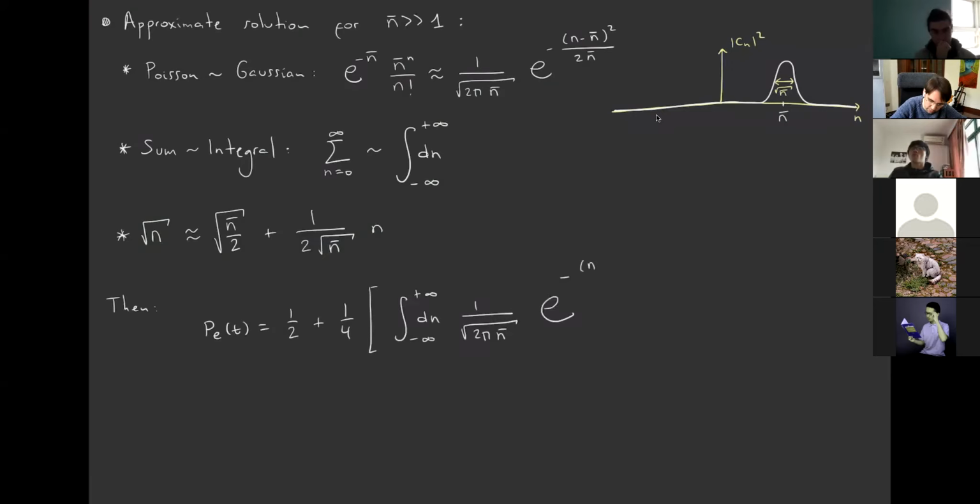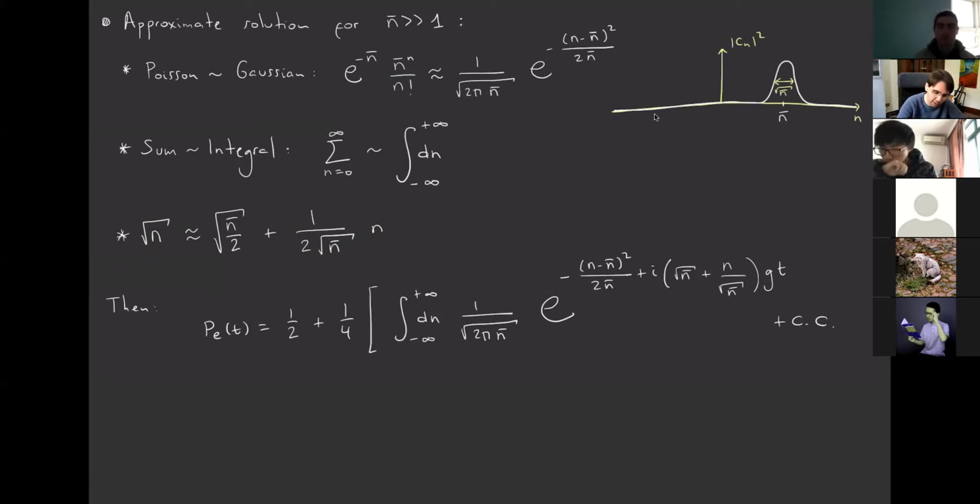We get first the Gaussian, (n minus n bar) squared divided by n bar, and then the term of the cosine, which is i times 2 square root of n g t. But as I have said, square root of n we approximated by this, and therefore we get just square root of n bar plus (n minus n bar) divided by square root of n bar, times g t, plus the complex conjugate that comes from the cosine, which has the exponential of i plus the exponential of minus i.